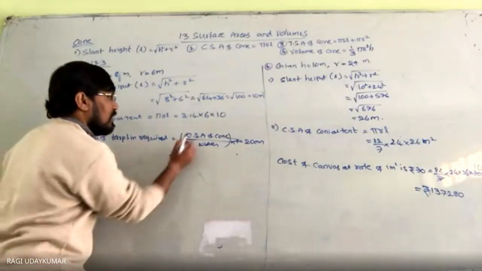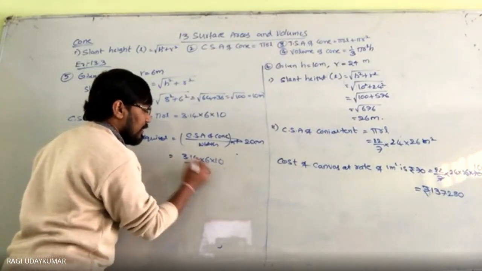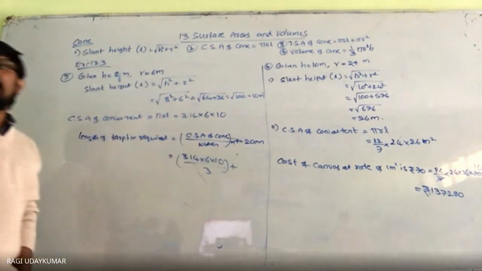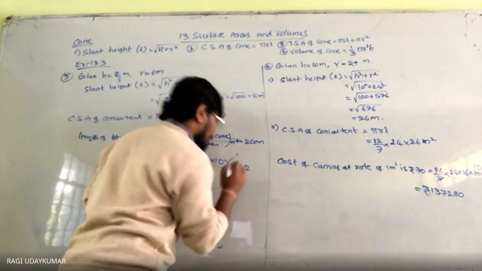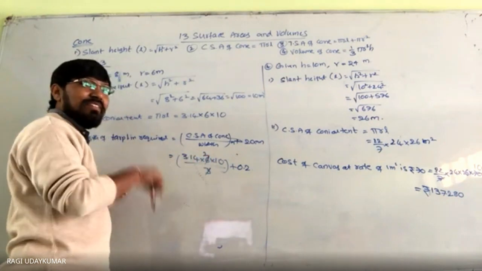Okay, first here, what is the curved surface area? 3.14 into 6 into 10 by 3 plus, this we have to convert into meters. So 20 centimeters converted to meters, you are going to get 0.2. I have not multiplied because it is an easy task for you to multiply with the 2.